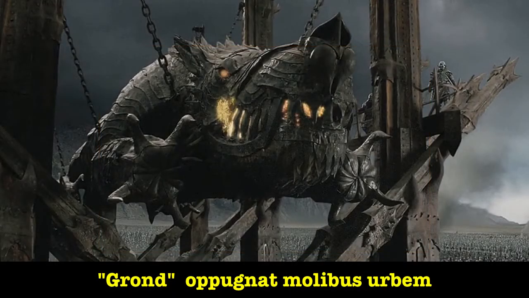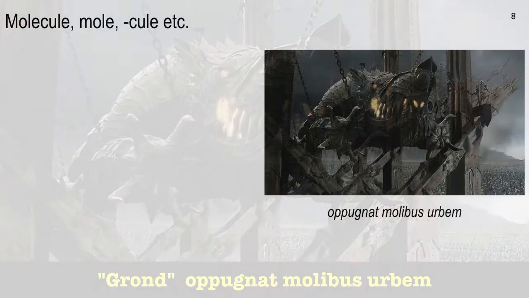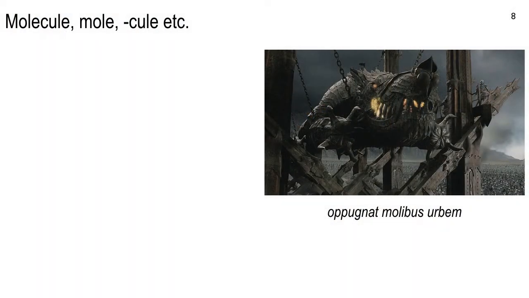You may remember this image from Lord of the Rings, Grond, the big battering ram. That phrase there, "Opignat molibus urbem," I looked that up on the internet. That's a Latin phrase, and we're actually going to be talking about molibus. The root word for that is moles in Latin, and it's related to the word molecule and mole that we're going to talk about for a few minutes.